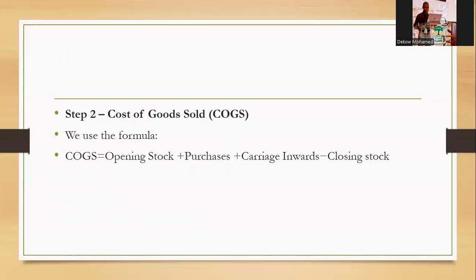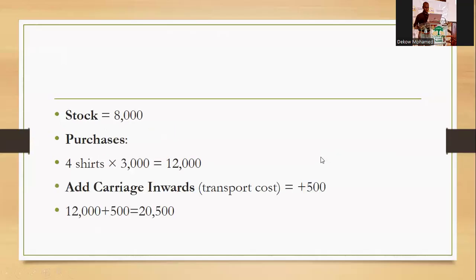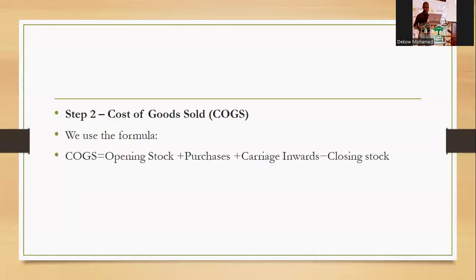For cost of sales, we take the opening stock, you add the purchases, you add the carriage inward, then subtract the closing stock. Sometimes the equation might not have carriage inward. So there is nothing wrong with that question if it is lacking the carriage inward. Here we are also supposed to subtract the return outward.